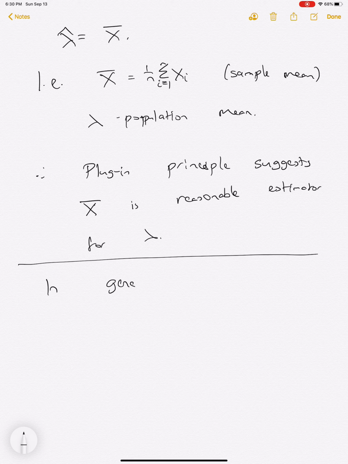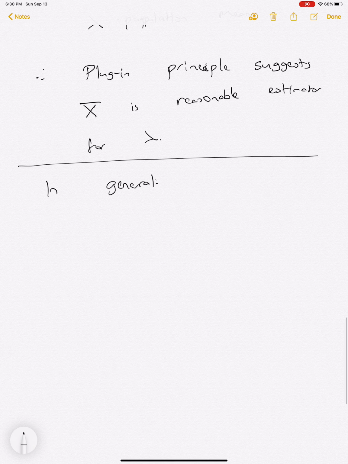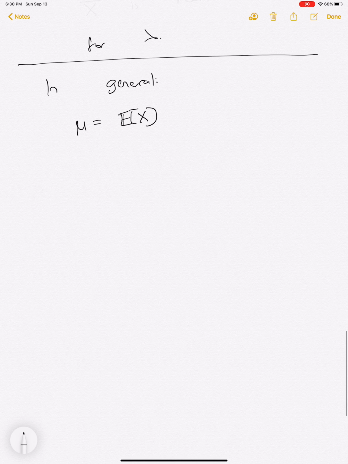We can certainly make this more general beyond the Poisson distribution. So in general, if mu is equal to E of X, and p x of k is the PMF, so that's just by definition equal to the sum over the range of x.